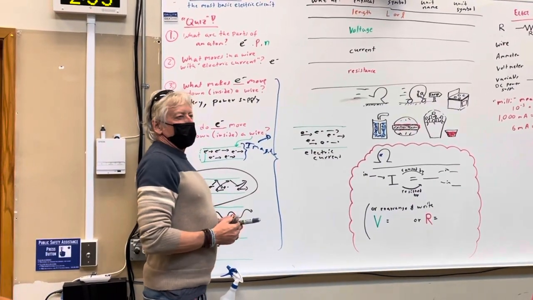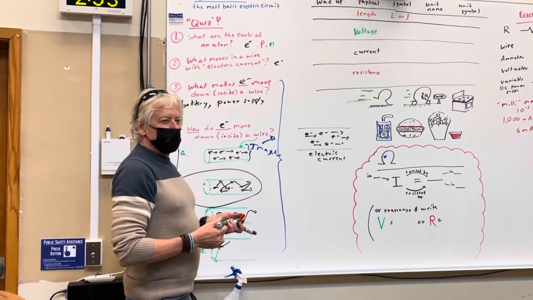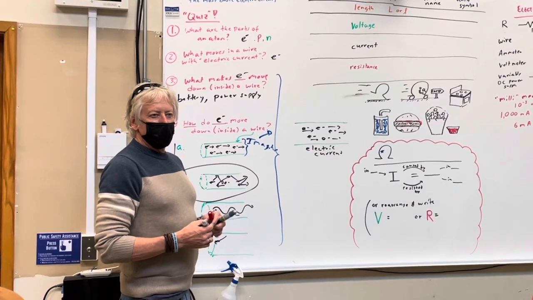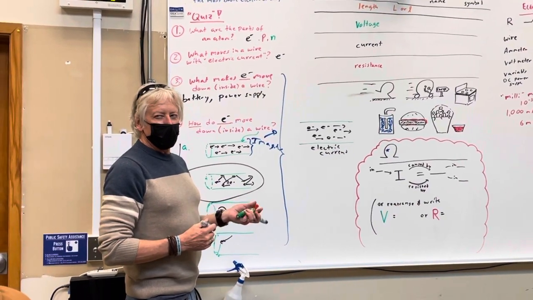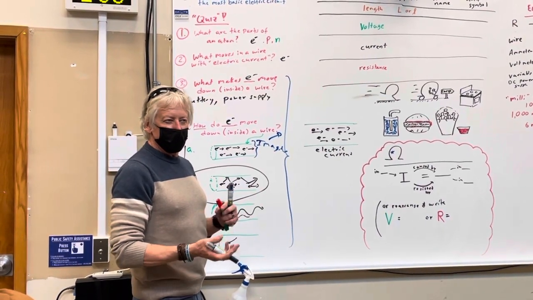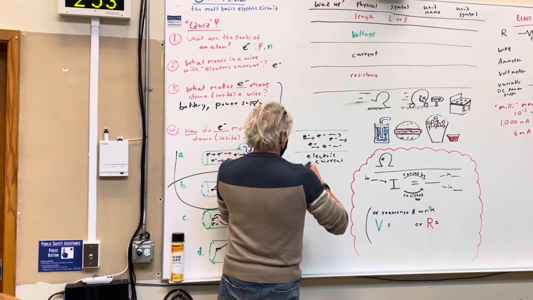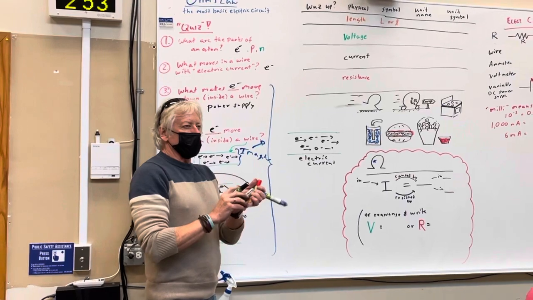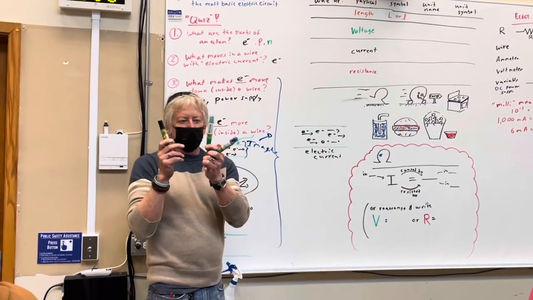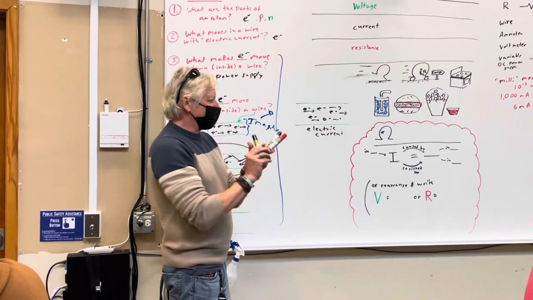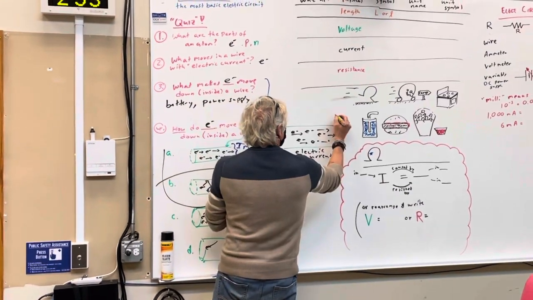Are electrons attracted to plus or minus? Is negative attracted to plus, or is negative attracted to minus? Plus. So this is the plus side. Does anybody know what color we use for plus in electrical stuff? Red. Get it? So positive.